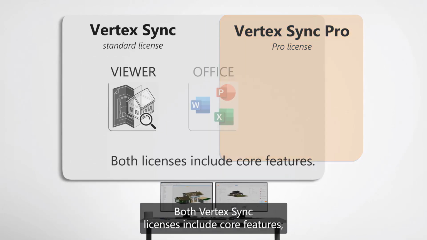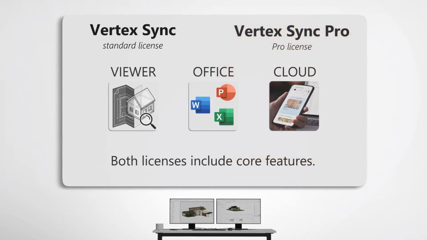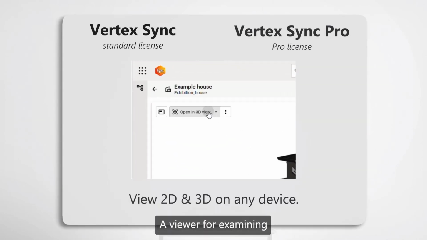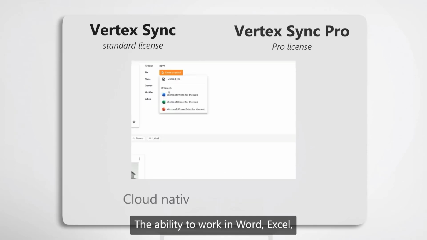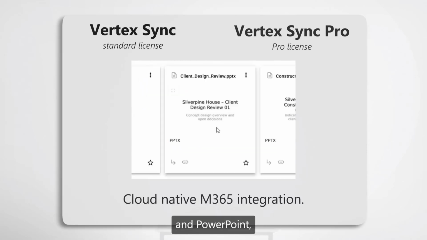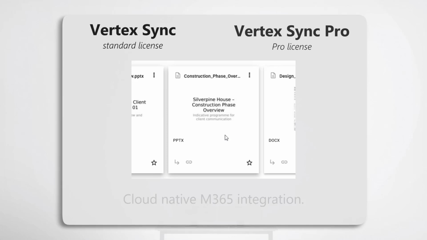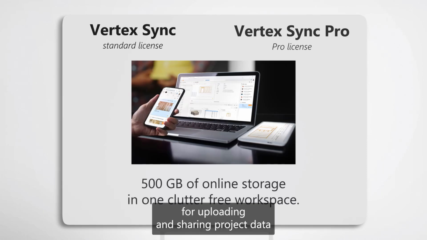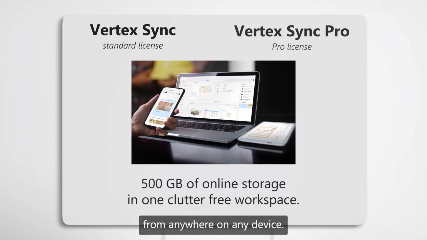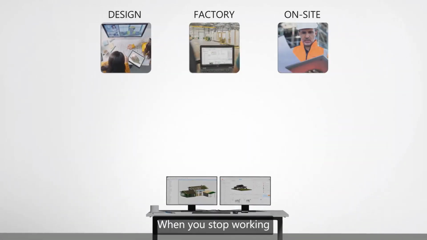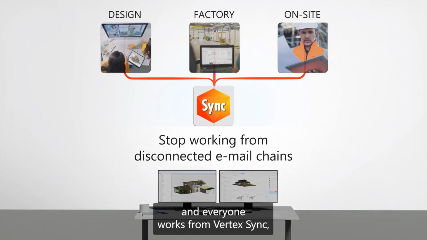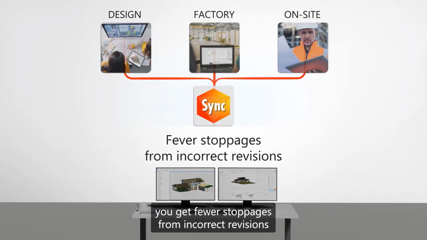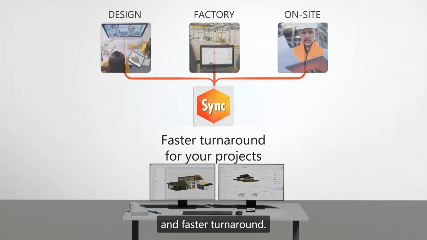Both Vertex Sync licenses include core features: a viewer for examining 3D models and drawings, the ability to work in Word, Excel, and PowerPoint, as well as cloud collaboration tools for uploading and sharing project data from anywhere on any device. When you stop working from disconnected folders and email chains, and everyone works from Vertex Sync, you get fewer stoppages from incorrect revisions and faster turnaround.